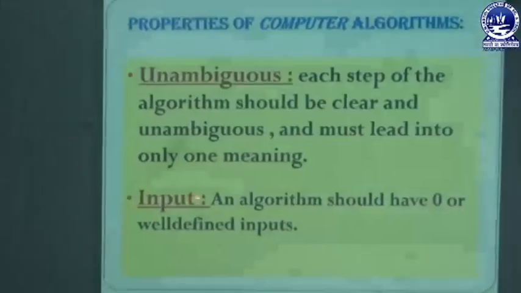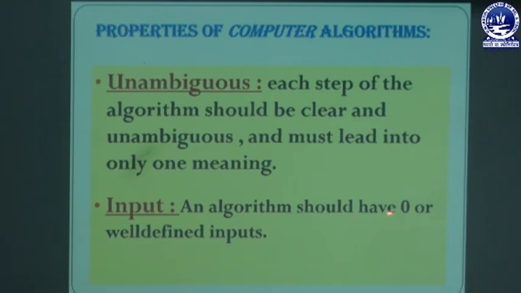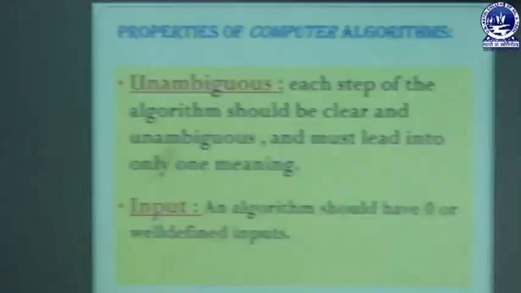The second characteristic of the algorithm is input. What does input mean? An algorithm should have zero or well defined inputs. The algorithm can take zero input, or it should take well defined inputs. Consider first the zero input case. When we write our first program, hello world, we are not giving any input to the computer.